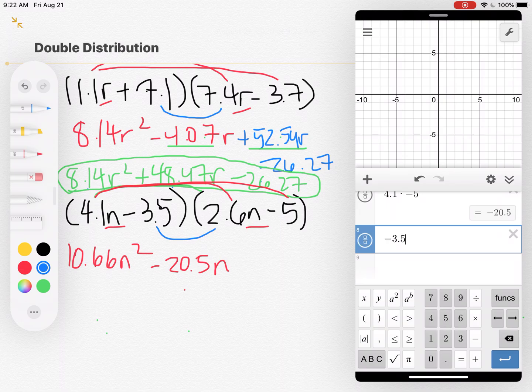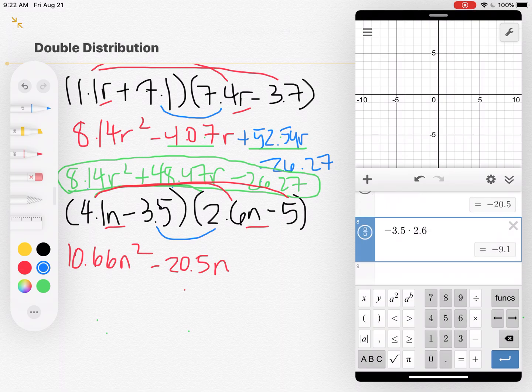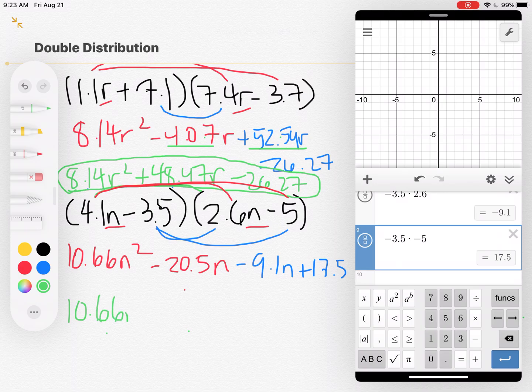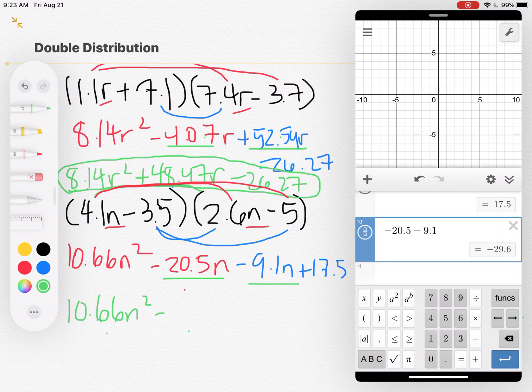Negative 3.5 times 2.6 gives us negative 9.1. Don't forget your n. And then last but not least, negative 3.5 times negative 5 gives us positive 17.5. Let's combine our like terms. 10.66 n squared stays the same. In the middle there, negative 20.5 minus 9.1 gives us negative 29.6 n, and then 17.5 at the end stays the same.